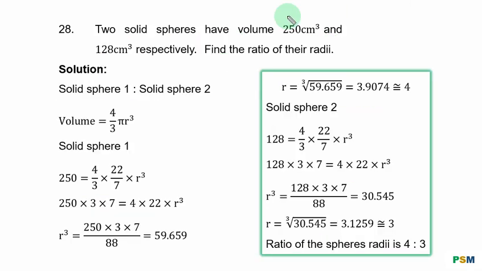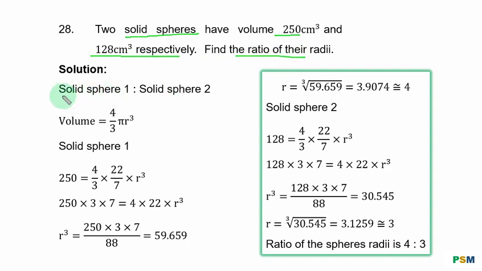Example 28. Two solid spheres have volume 250 cubic centimeters and 120 cubic centimeters respectively. Find the ratio of their radii.